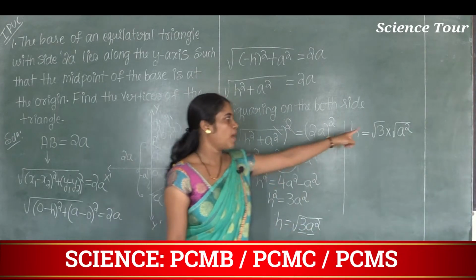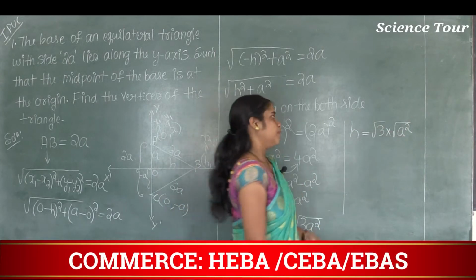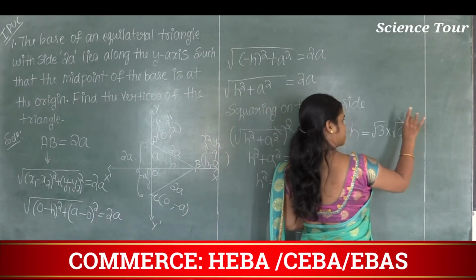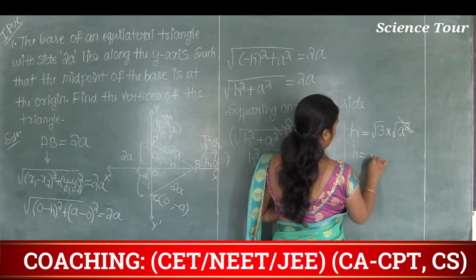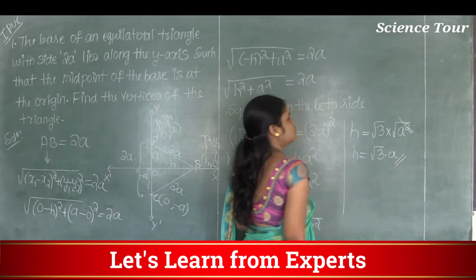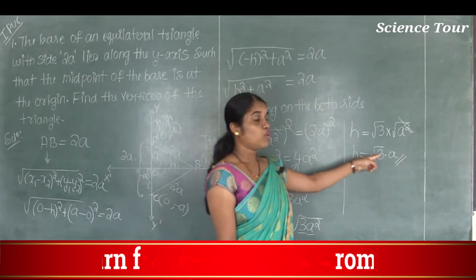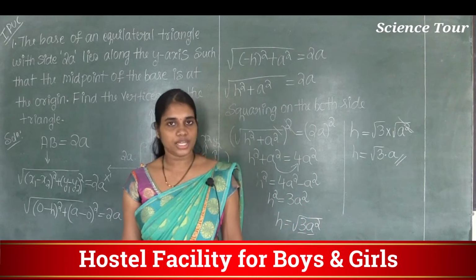Now square and square root will get cancelled, so h is equal to square root of 3 into a. The value of h is given by square root of 3 into a.